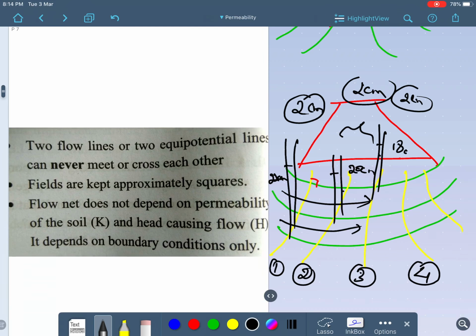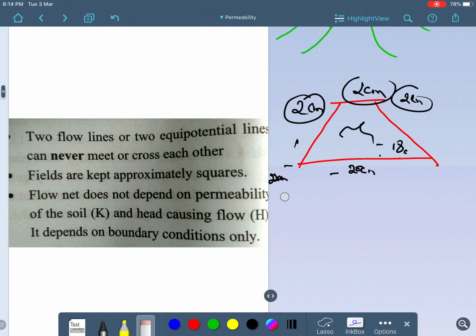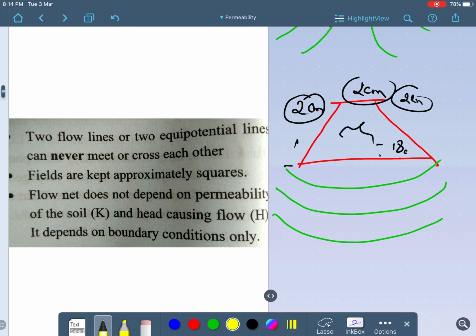Then what is the next characteristic? Two flow lines or equipotential lines can never meet or cross each other. That means flow lines, equipotential lines: two flow lines or two equipotential lines can never meet or cross each other.